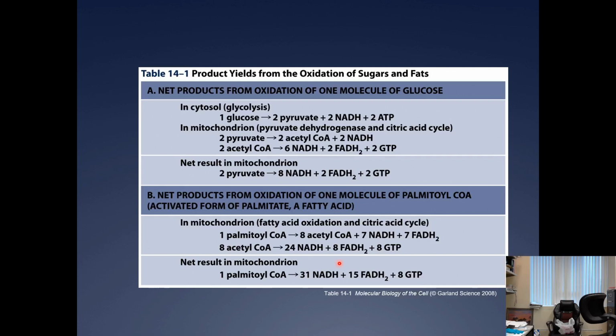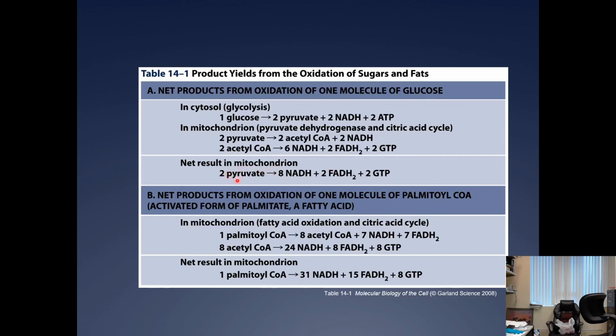So here's some of the yields. No need to memorize this, although some of you probably already know it. In the cytosol and glycolysis, you have one glucose converted to two pyruvates, two NADHs and two ATPs. And then in the mitochondria, the pyruvates are converted to acetyl coenzyme A plus two NADHs, and then the two acetyl coenzyme A's become 6 NADHs, 2 FADHs, and 2 GTPs.